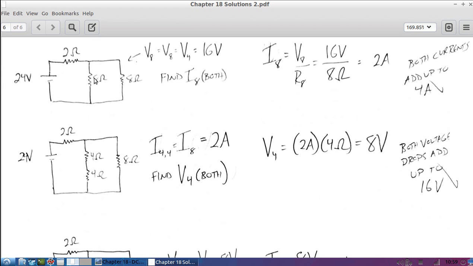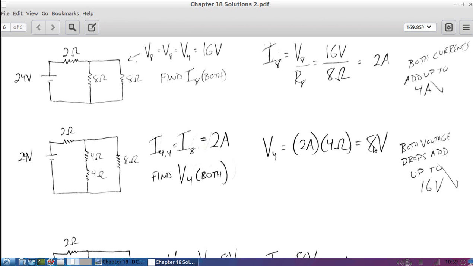So I'm going to split this 8 ohm back up into the 2 4s in series. Now I know that there's 2 amps going through these 2 resistors. So I need the voltage drops across these two. Right? I know their resistance, I know their current, I'm looking for the voltage drop. So I use V equals IR.